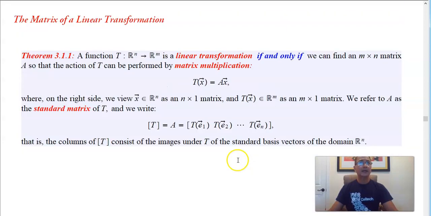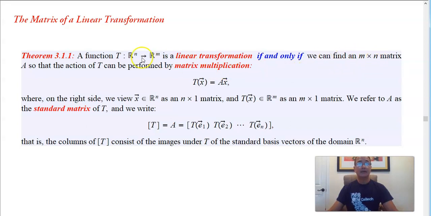I hope you noticed that the dimensions of the domain and the codomain flip. So the domain is Rn, the codomain is Rm. The matrix of the transformation is m by n.